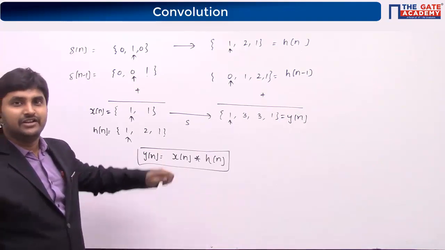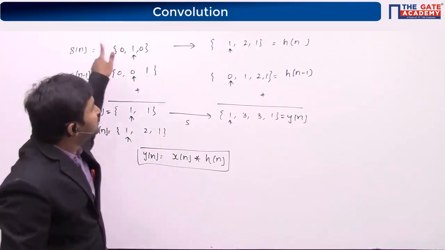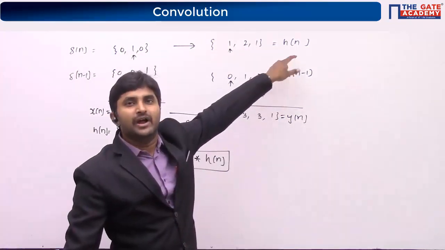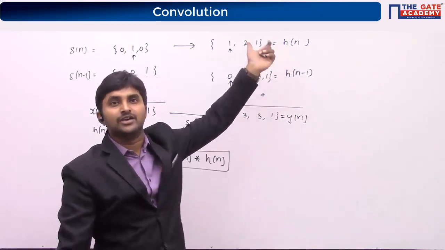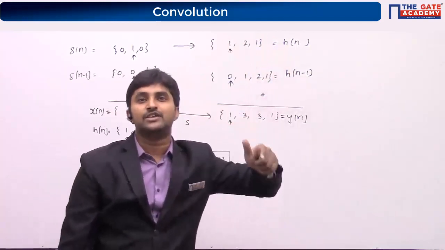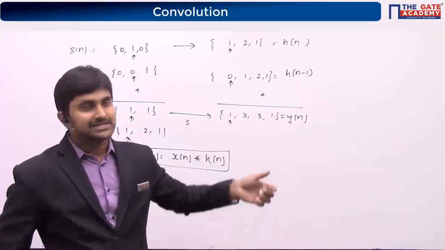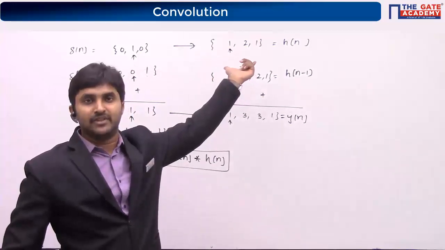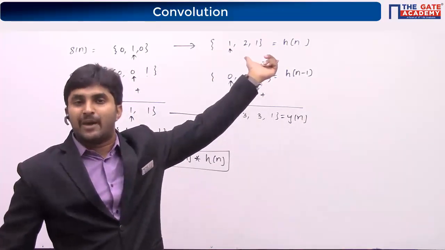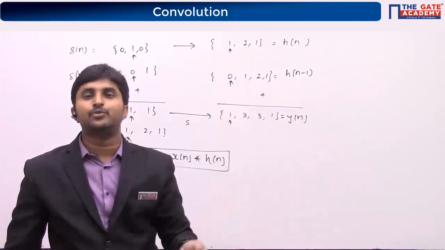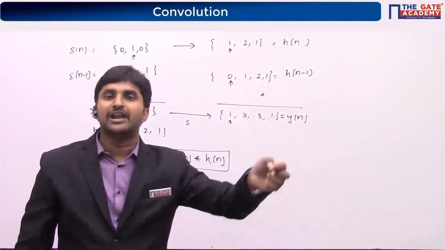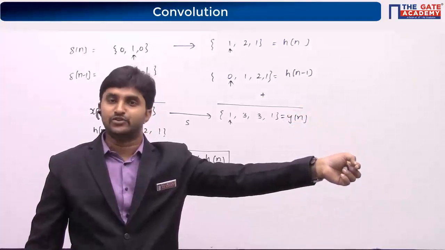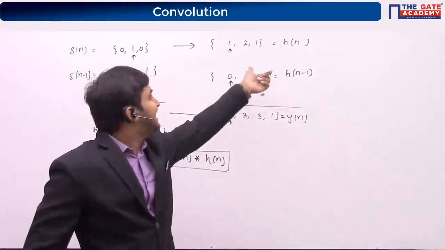And we have learned that when we apply del of n, the output is nothing but h of n. Now the question is how h of n is 1, 2, 1. This is something that I have assumed. So if I give the input del of n, let my output be h of n. And what is h of n? It is something like this.